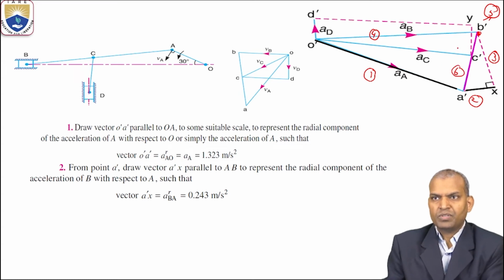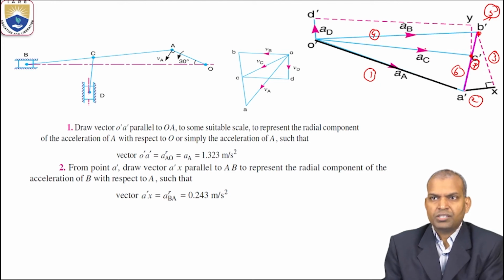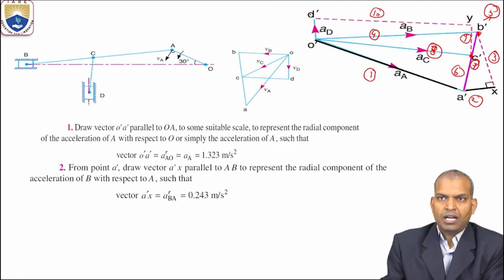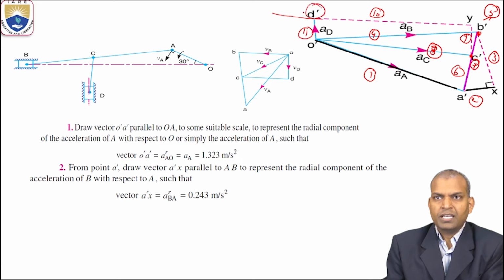Next, step 7 is marking the point C. Joining O dash C dash is step 8. Then from C, drawing C dash Y is step 9, Y D dash is step 10, and D dash comes by intersecting O dash D dash, step 11, and after that this D dash point is step 12.